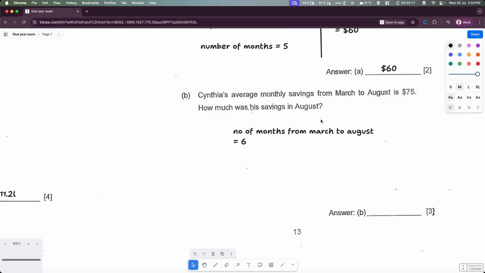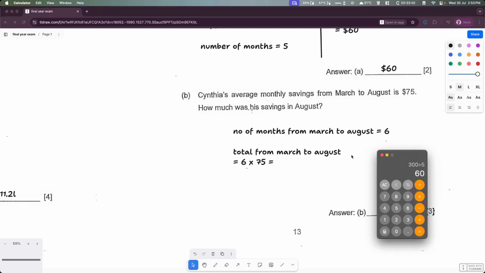So let's get a total for this from March to August, which is equal to, so number of months from March to August is 6. So total is basically 6 times 75. And what would this give us? 75 twice is 150, so it should be 450.